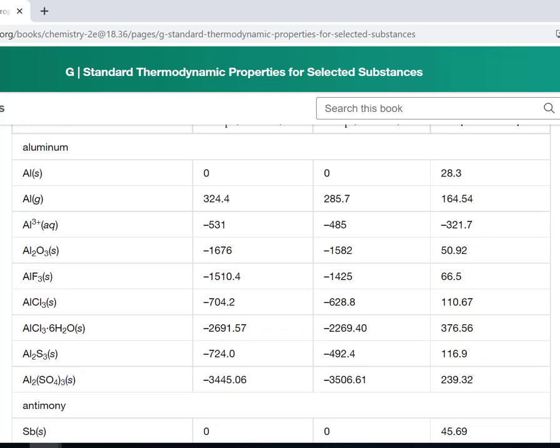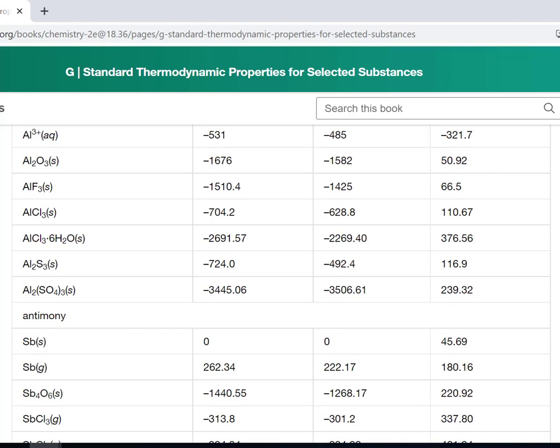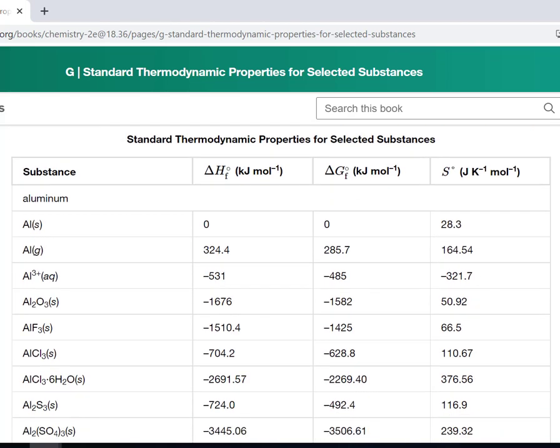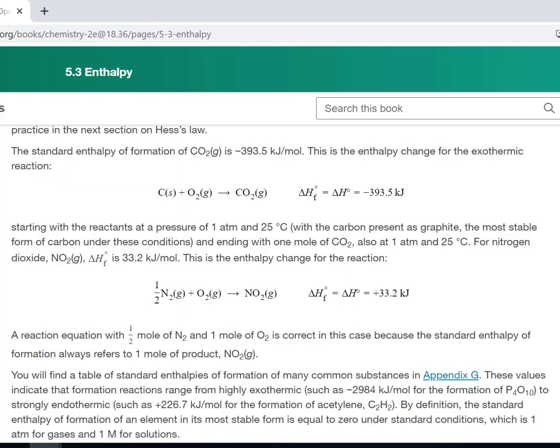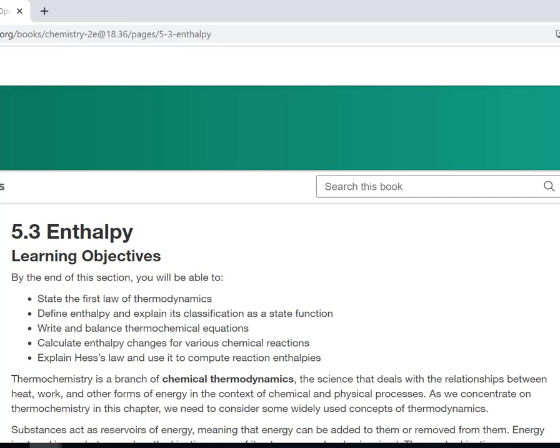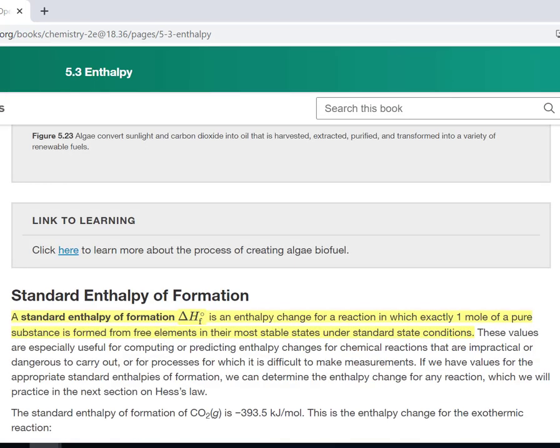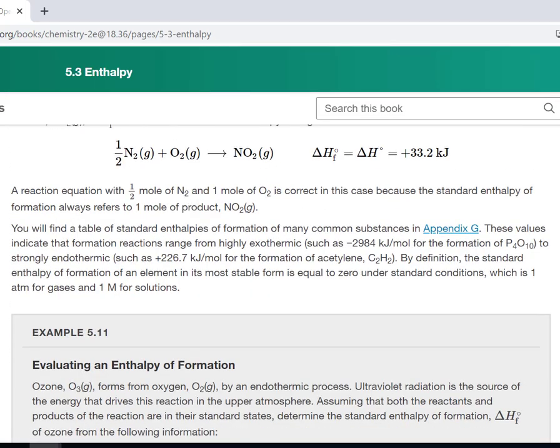But this is a really large table, and for the questions that you'll see from the latter half of this chapter, you'll need to be referring to this table for that information, as we'll see. Okay, so let's go back to the chapter. You'll want to be able to go to that appendix to look up information for most of the questions from section 5.3.